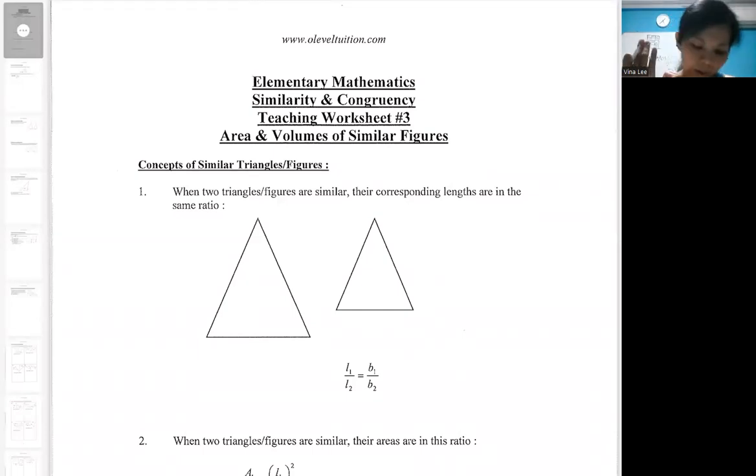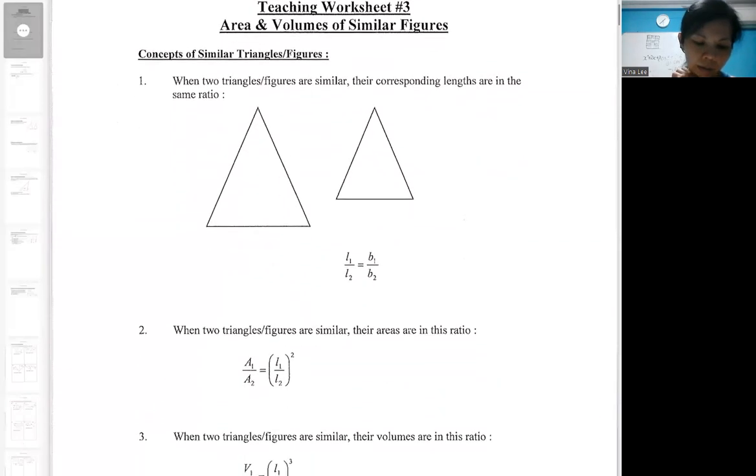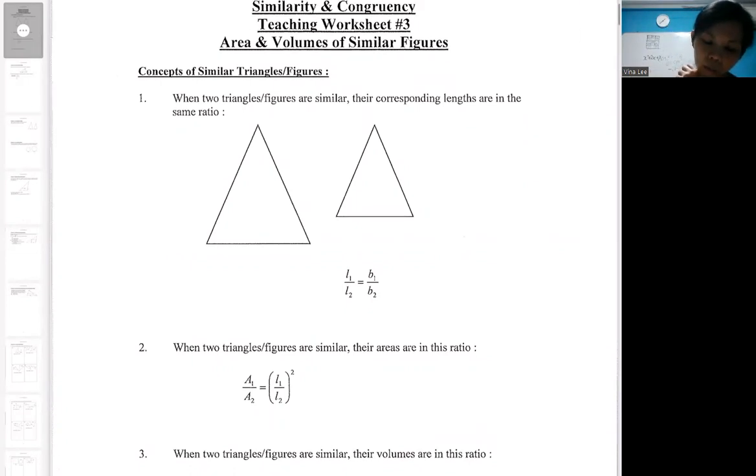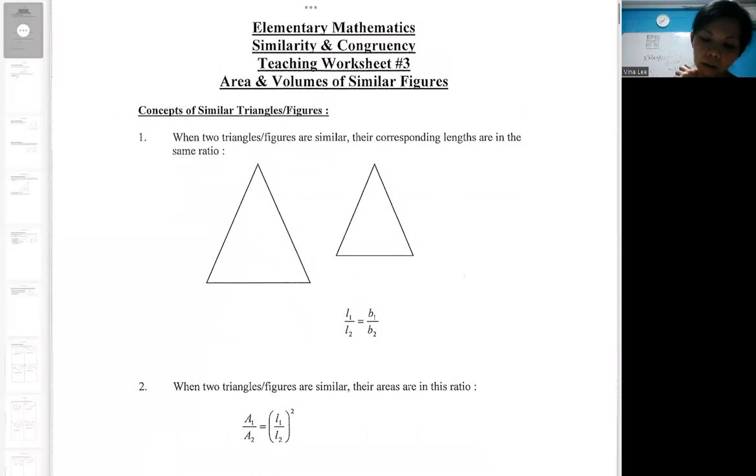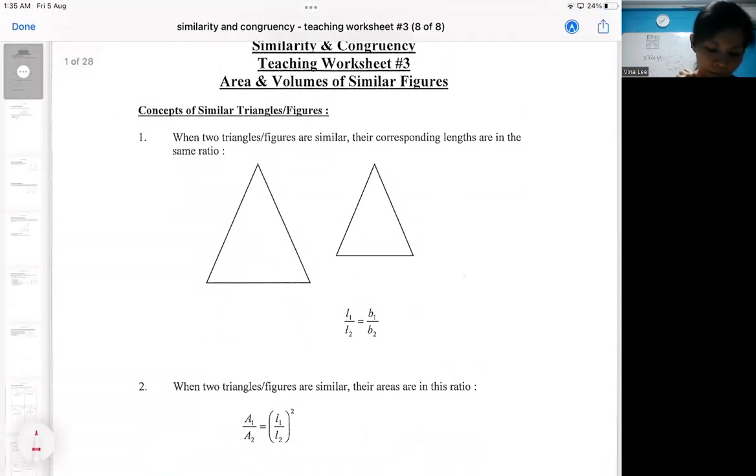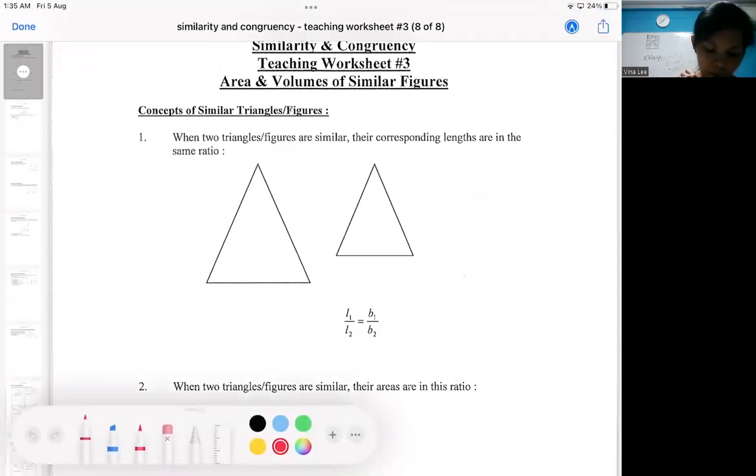All these concepts, the first three concepts are related to similar triangles or figures. That means the question must tell you that they are similar, or you have proof that they are similar. So when two triangles or two other shapes, square or circle, are similar, their length ratio will be the same.